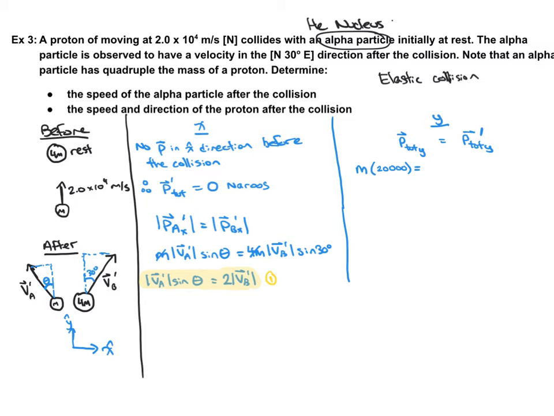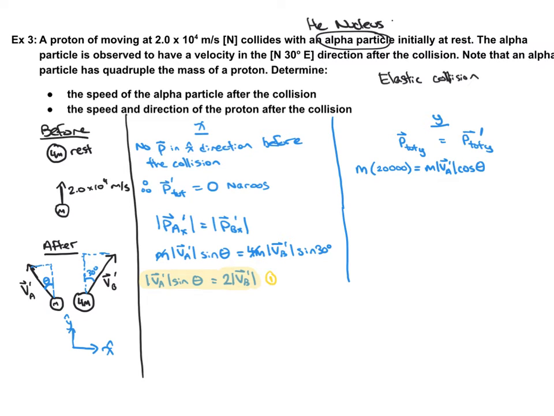After the collision, I've got two particles. Both of them have a y component in their momentum, so I've got to write an expression that adds the two together. So I'll start with the proton. The proton's y momentum will be mass times velocity times, to get the y component, I multiply by cosine of theta.